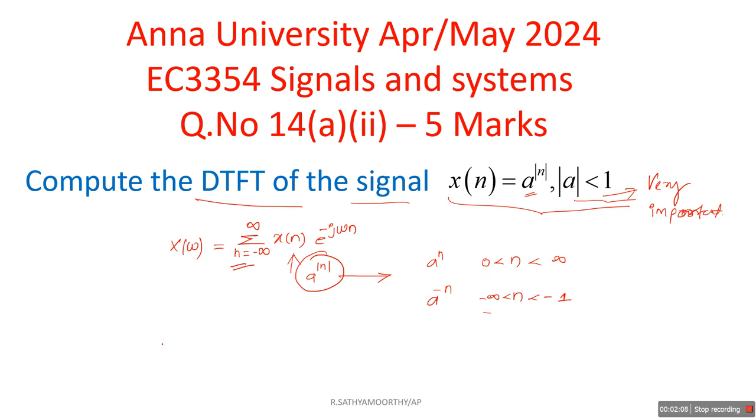So therefore this X of omega can be written as the summation n equal minus infinity to minus 1, where x of n is a power minus n e power minus j omega n, plus the summation n equal 0 to infinity, where x of n is a power n e power minus j omega n.